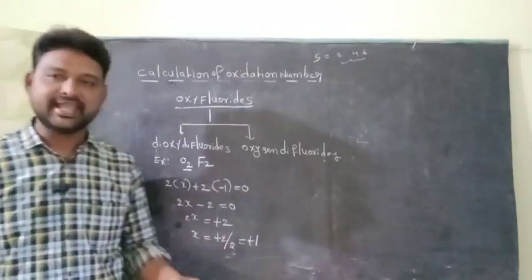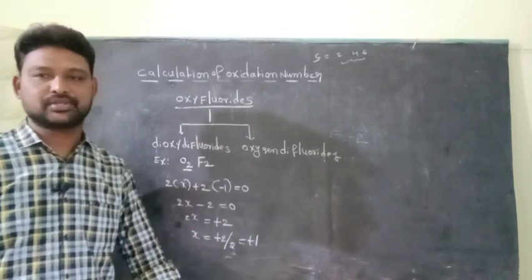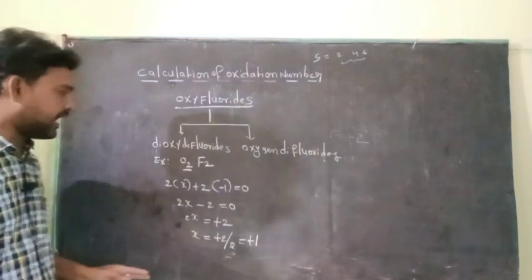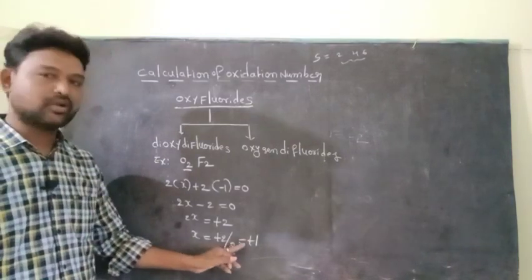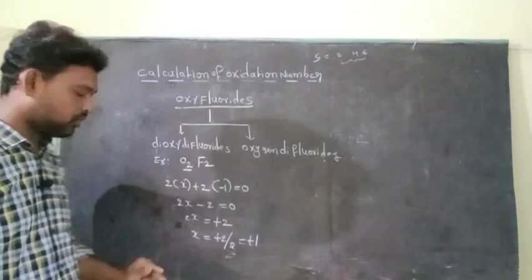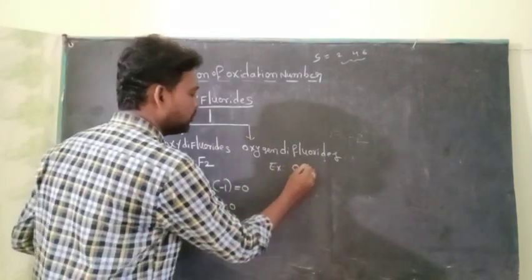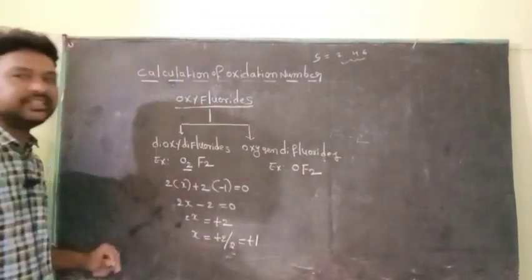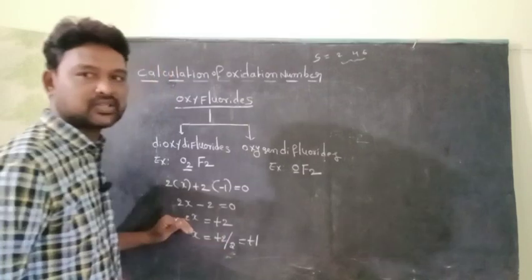As already explained before, oxygen has different oxidation states. So in dioxydifluorides, oxygen has the +1 oxidation state. Another one, oxygen difluoride, OF2. For example, we can take OF2, oxydifluoride. In this compound, what is the oxidation number of oxygen?